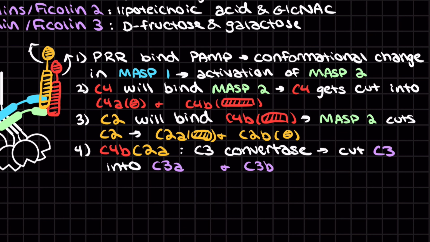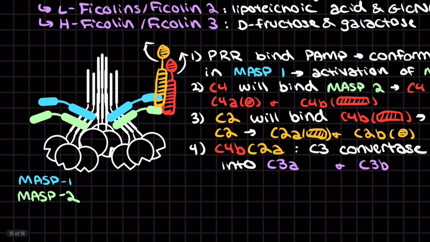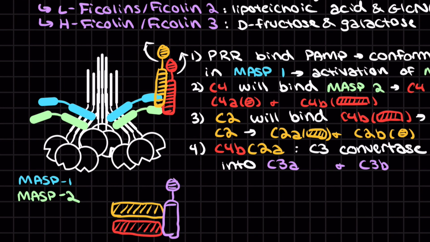I'll draw it right below us, right here. We have our C2A. We have our C4B. These are now complexed together, and now C3 combined. C3A and C3B will be released when this gets cut.